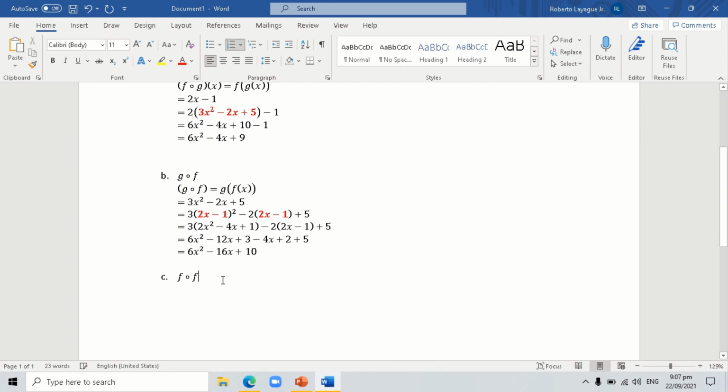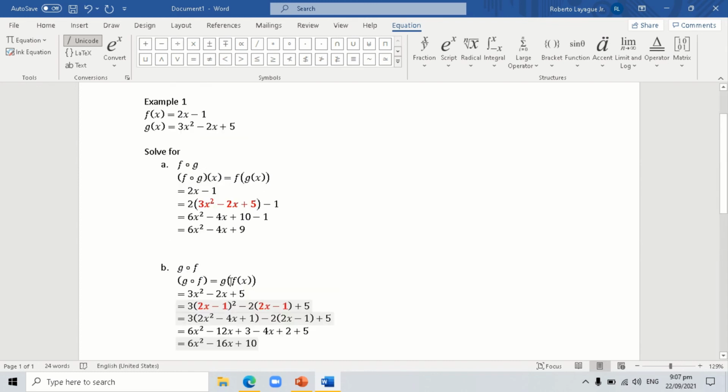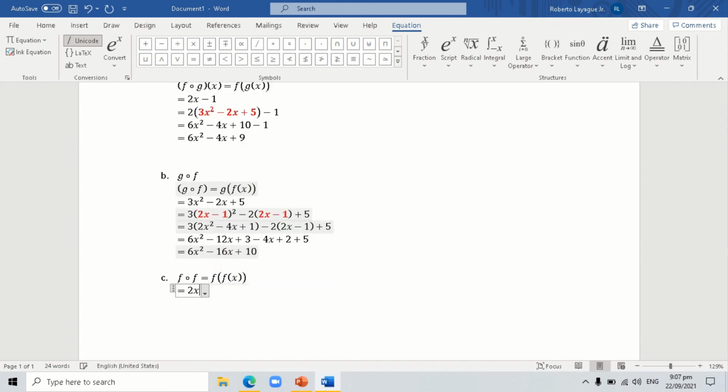Now, how are we going to work out f circle of f? I think this is just a challenge, as I saw it in some references. First, you put f of x, which is 2x minus 1. Then you substitute the value of f of x into each function. So 2 times 2x minus 1, minus 1.